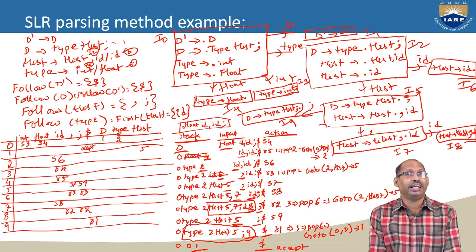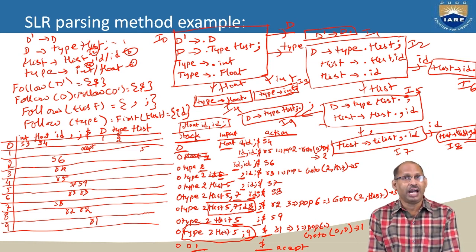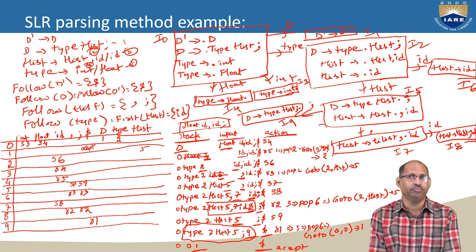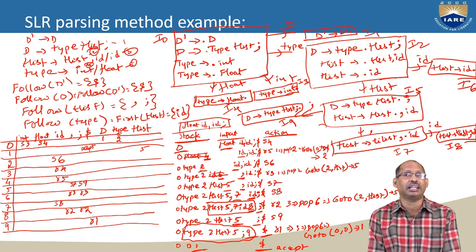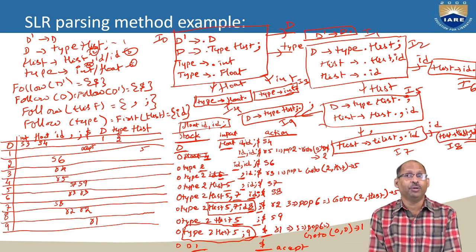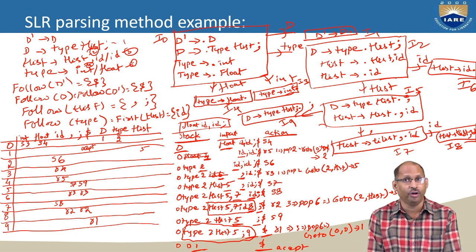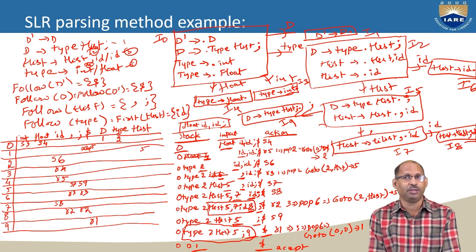Right? So this is a grammar given for type declaration, and we added a new production D gives D. We constructed the closure groups, performed the goto operations, constructed the DFA for the goto operations, and using these closure groups, goto operations and follow of the variables, we constructed the SLR parsing table.